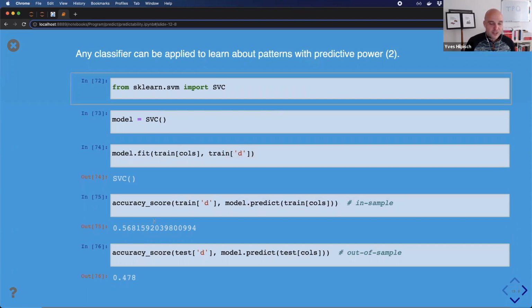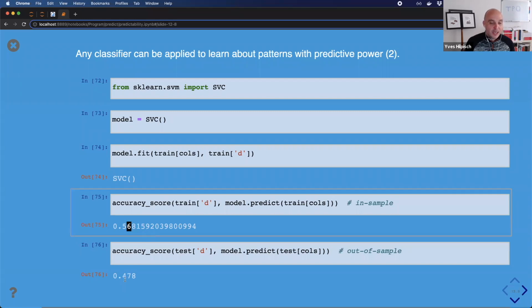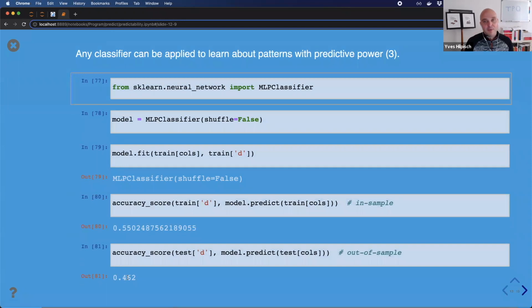The accuracy score on the training data is quite a bit higher, 56.8%, but on the test data set, not that good. And the same here for something more elaborate, a deep neural network, the MLP classifier. This is a multi-layer perceptron from scikit-learn, quite powerful and highly parameterizable, 55% and 46%.